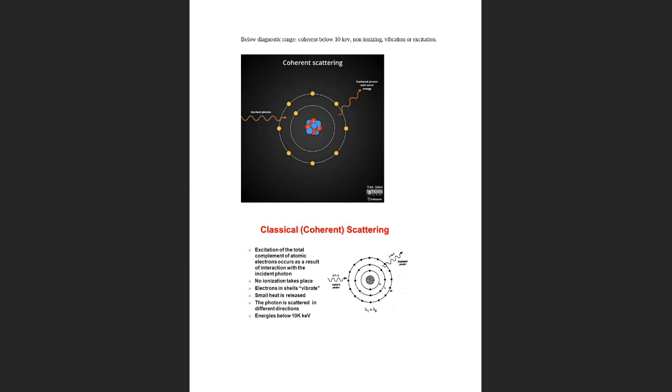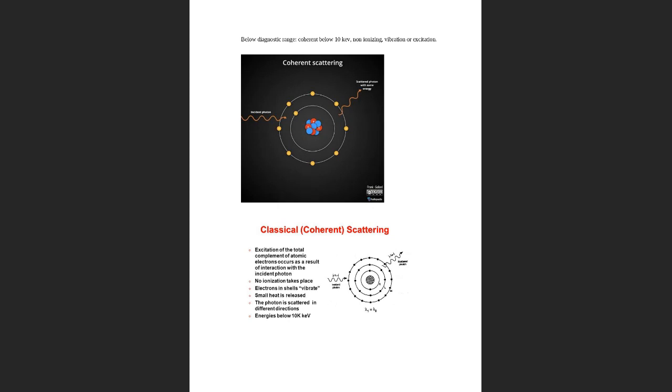And that means that they change the atom. They create an ionized atom. That's not a good thing because all the atoms have to reach stability before any damage that's occurring can stop occurring. So coherent, again, non-ionizing, it's just a vibration or excitation.